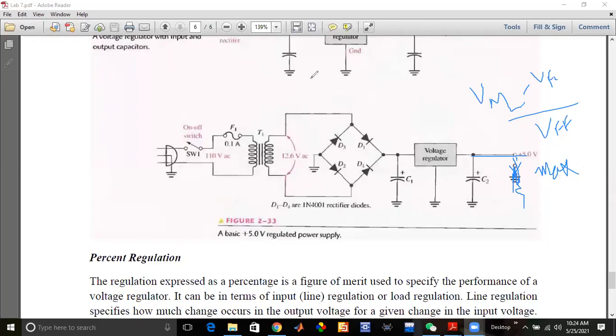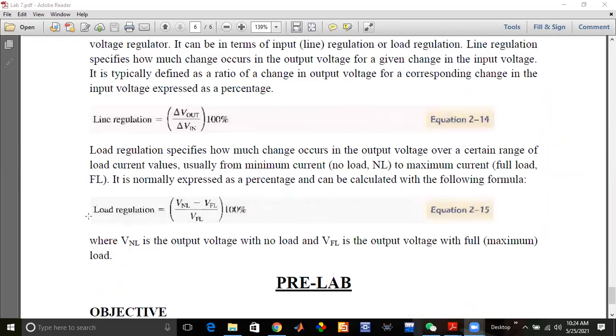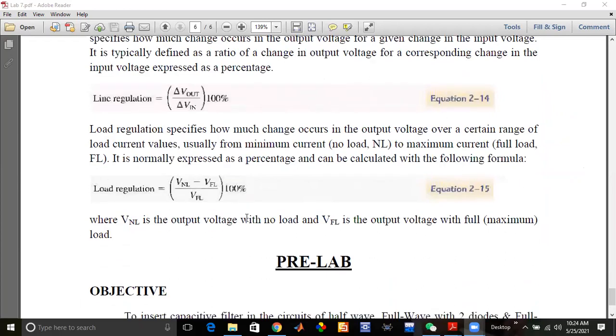And this is again from the theory point of view. We will not touch this in the lab, but if you are interested to know what voltage regulation is and how we use this formula, you can study this in the book, and there are some numerical problems on it.